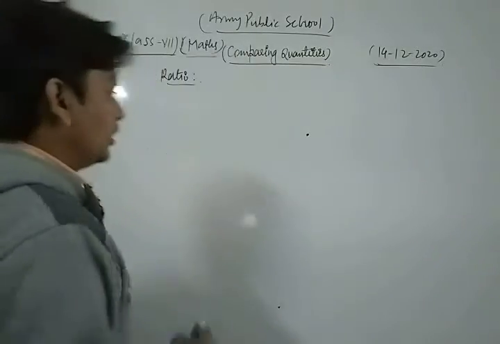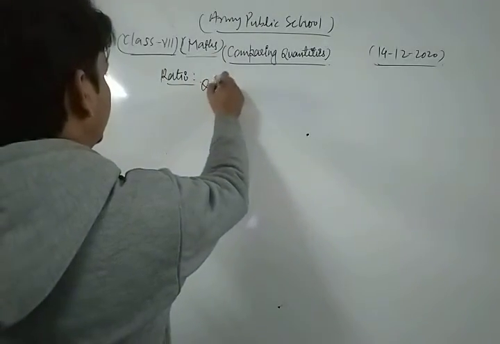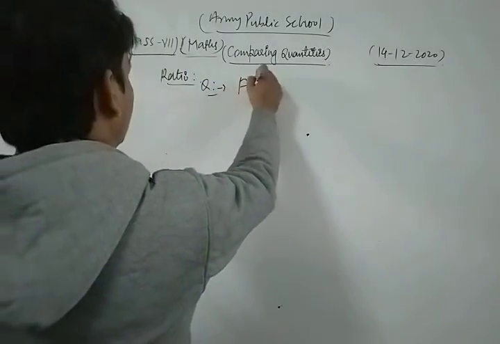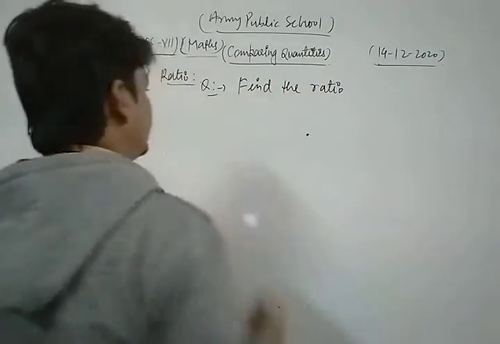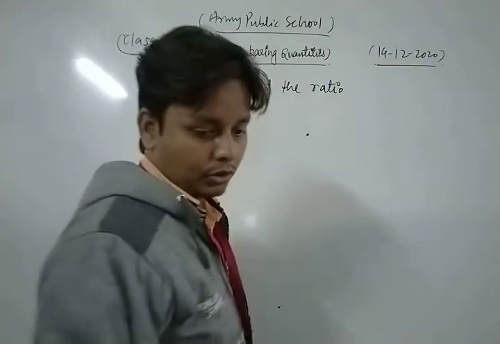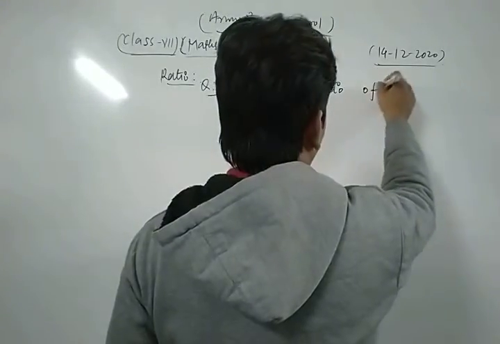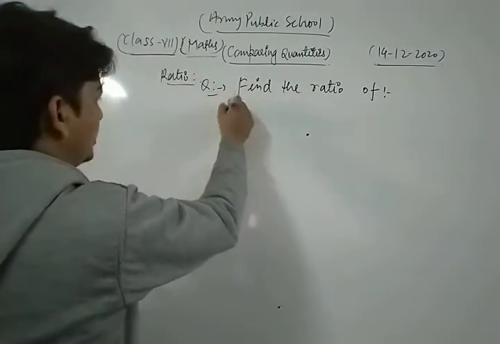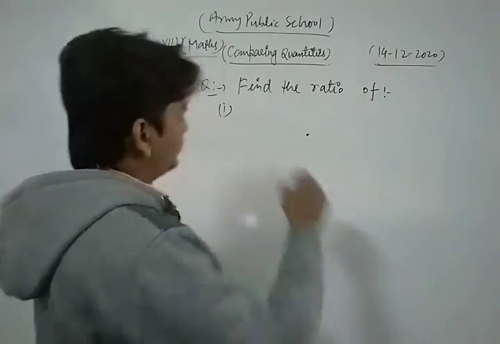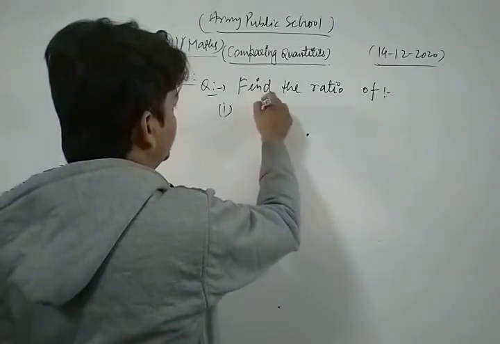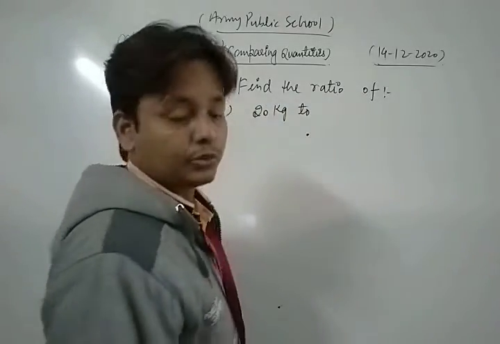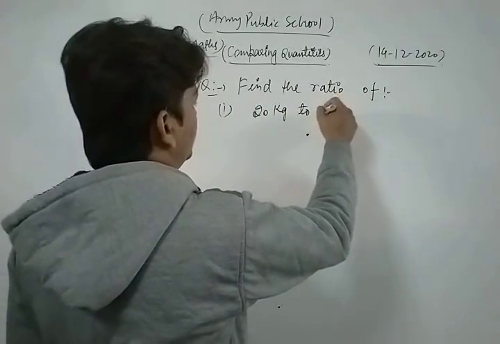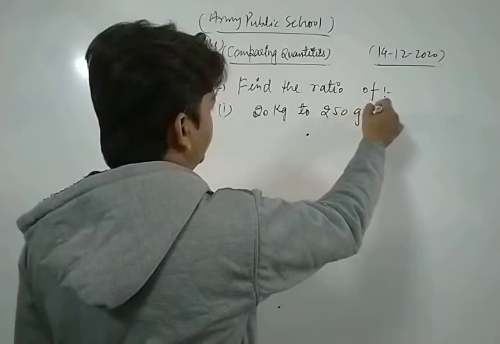Let's see. The question is, find the ratio of: first, 20 kg to 250 gram.